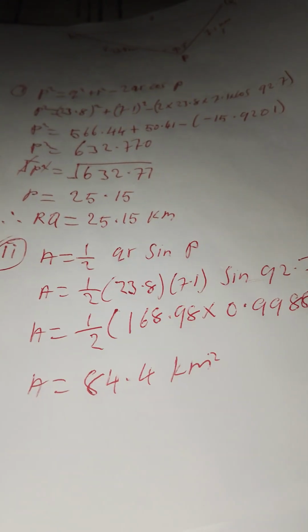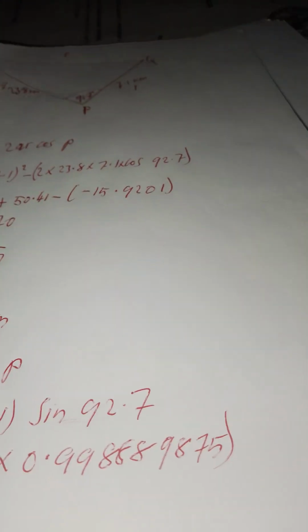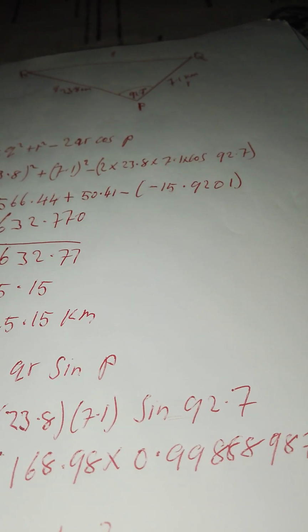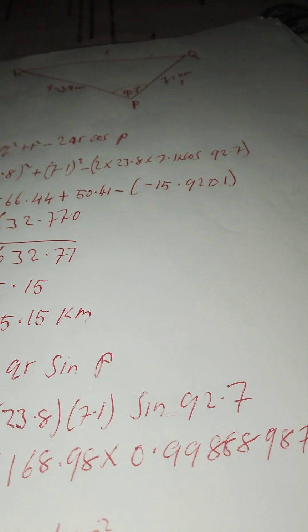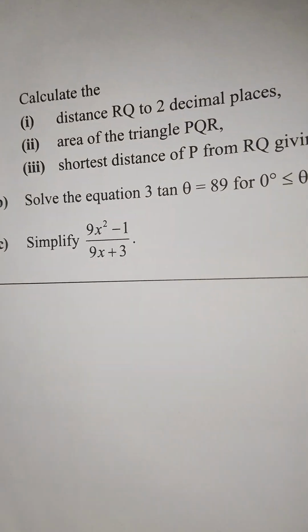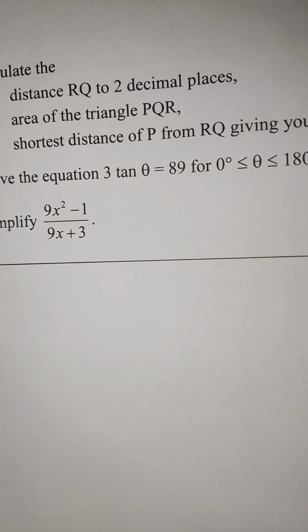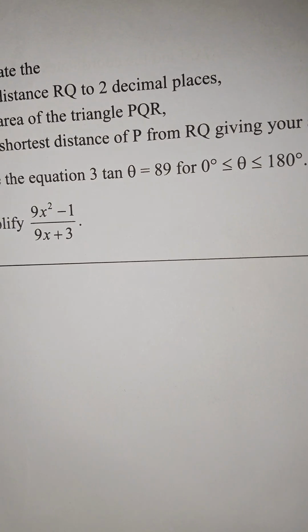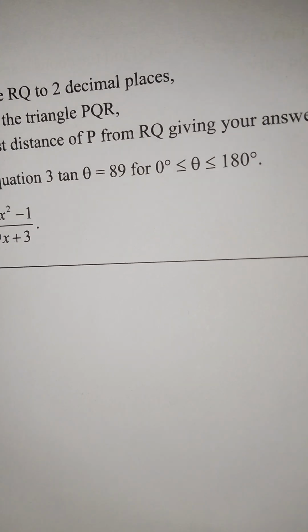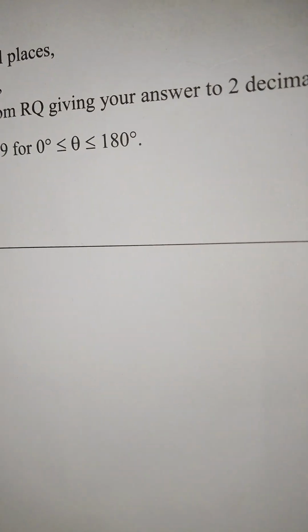Then where do we put part 3? Part 3 of the question, they're asking us to find the shortest distance of P from RQ. Give your answer to 2 decimal places.